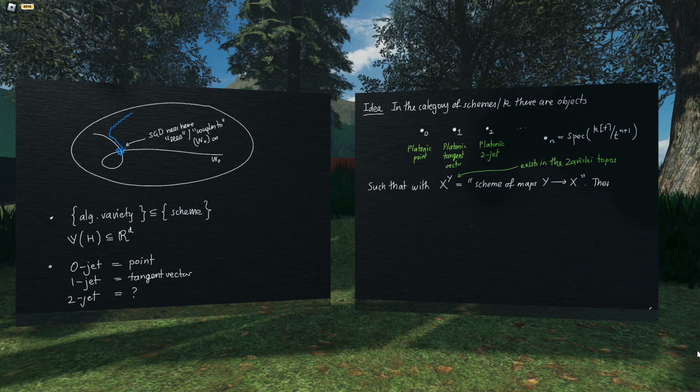Okay. Well, what happens when you take the function space from the Platonic point to any scheme X? We just get X, right? The scheme of maps from a point to a space is just the space itself. If you take X to the power of the Platonic tangent vector, what do you think you get?